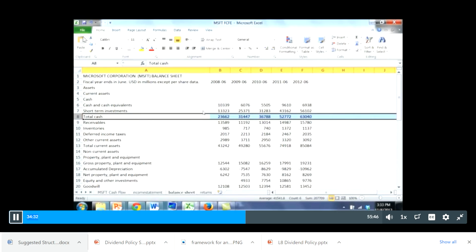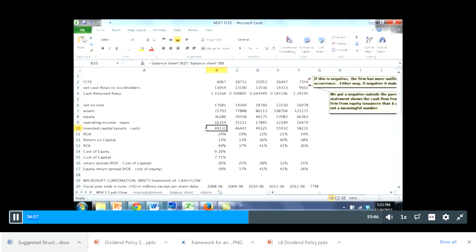So that's that excess cash that is not just sitting in a checking account, it's in money market accounts of some sort. But the important thing for my purposes is that this is money that's not invested right now in long-term assets or even working capital here. It's just sitting.